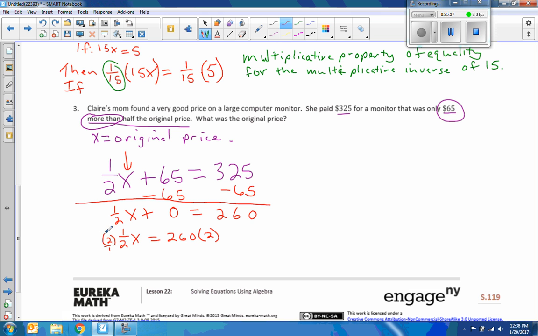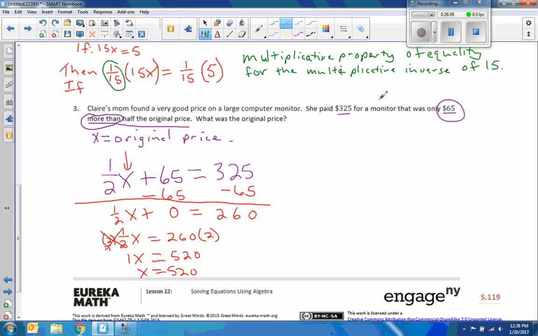And then what happens is the 2's cancel, the 1's cancel. Anything divided by itself is 1. 260 times 2 is 520. And then I'd simply say x equals 520. So the original price of the monitor was $520.